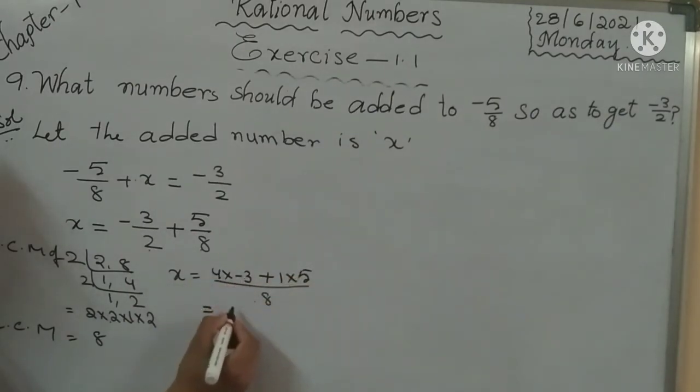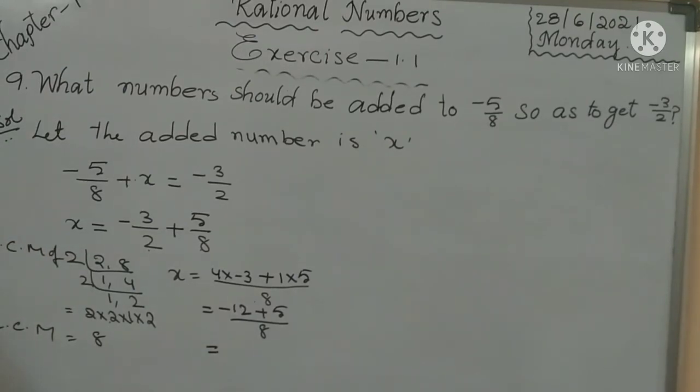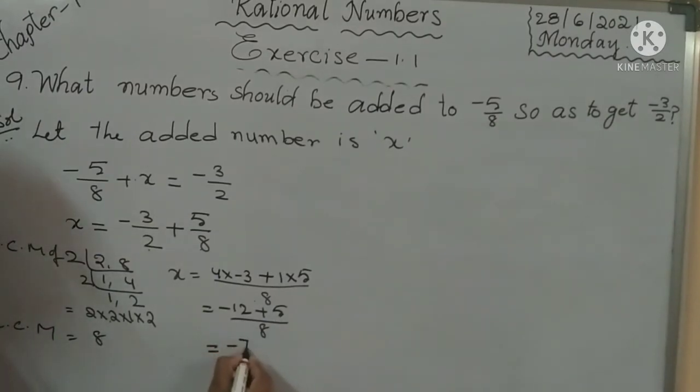So 4 3s are 12, minus 12 plus 5 1s are 5 by 8. So finally minus 12 plus 5, minus 7 by 8. So therefore x is equal to minus 7 by 8.